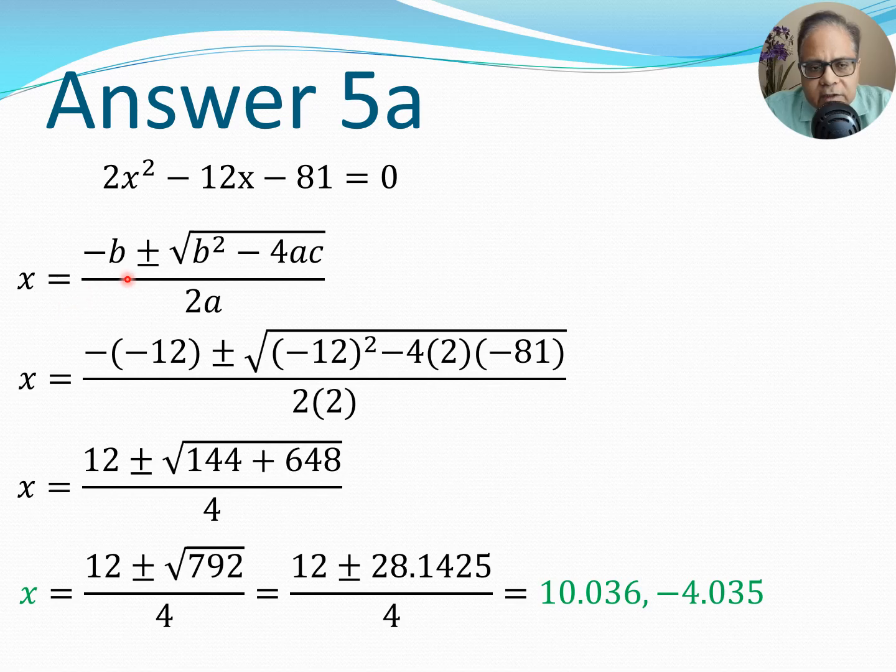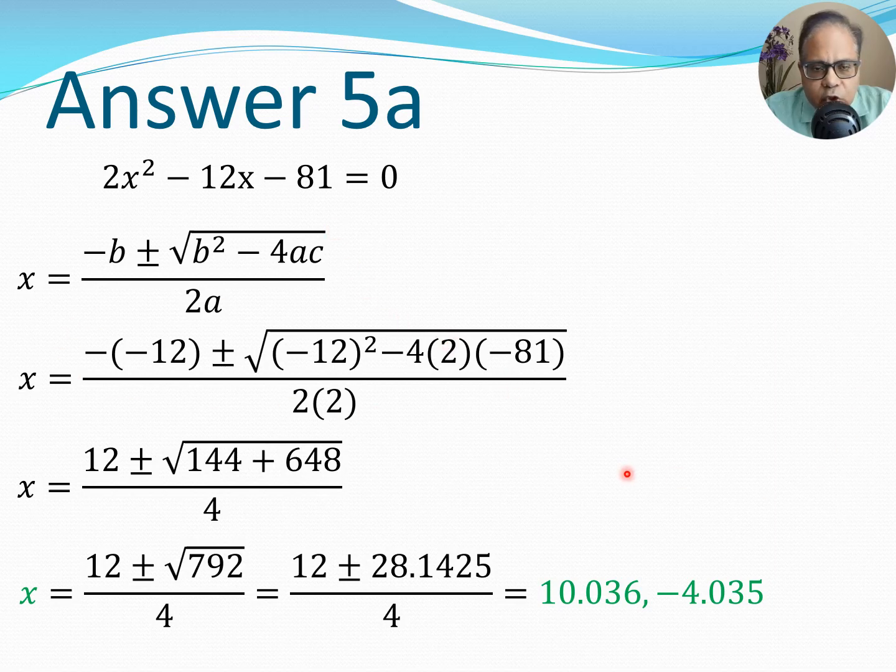So we get x is minus b plus minus root b square minus 4ac by 2a. Remember, the equation has the form ax square plus bx plus c equal to 0. So a is going to be 2, b is going to be minus 12, and c is going to be minus 81.